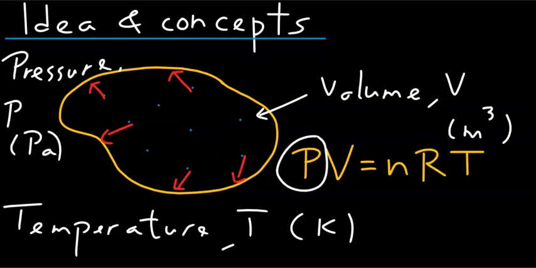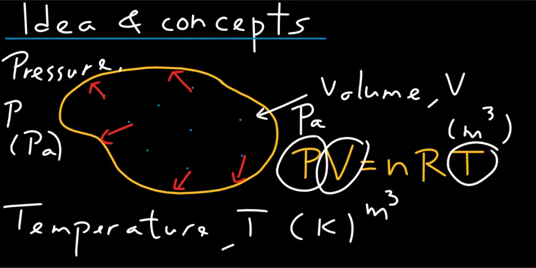P is the pressure of this gas in Pascal. V is the volume occupied by this gas in the unit of cubic meter. T is the temperature of that gas sample in the units of Kelvin.